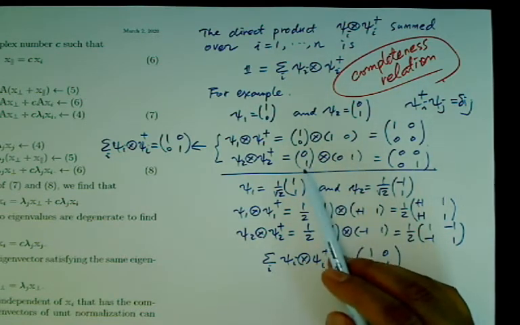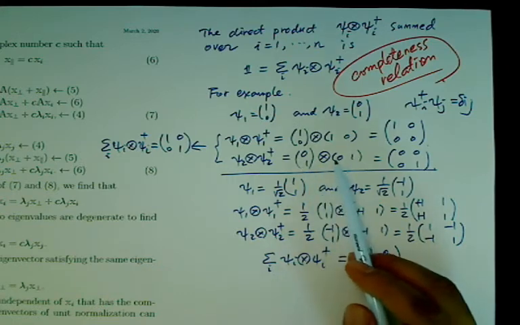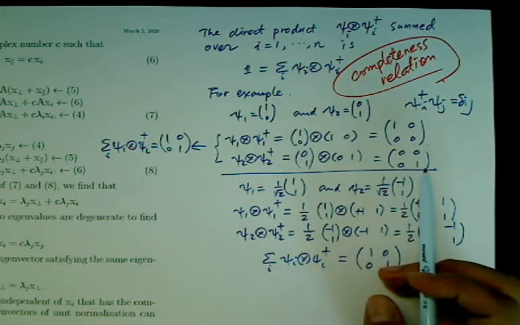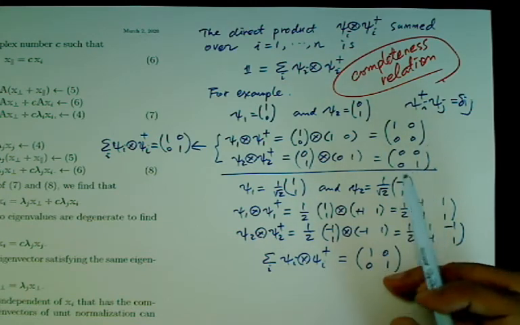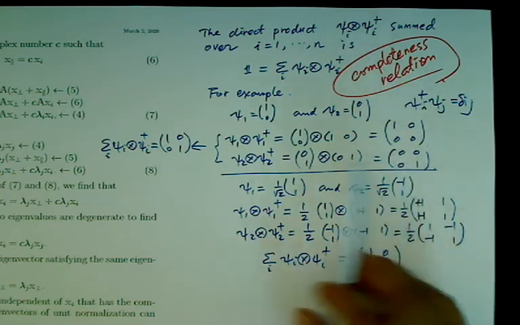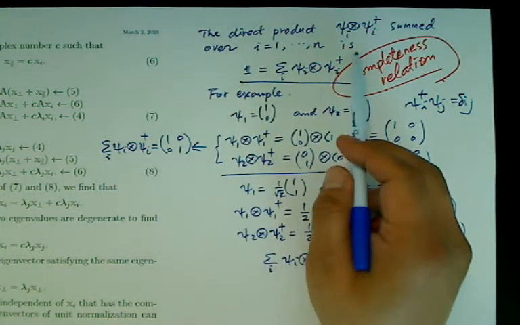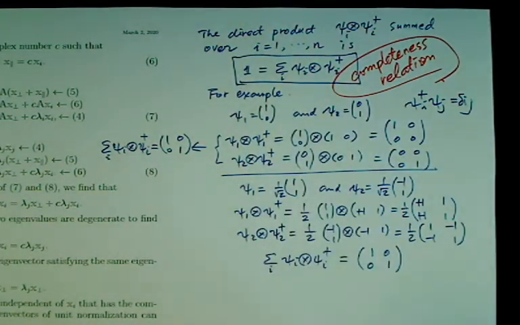The second row is obtained by multiplying this number to here, that is 0 1. If I add these two matrices, what I find is the identity matrix. This is correct. Okay.